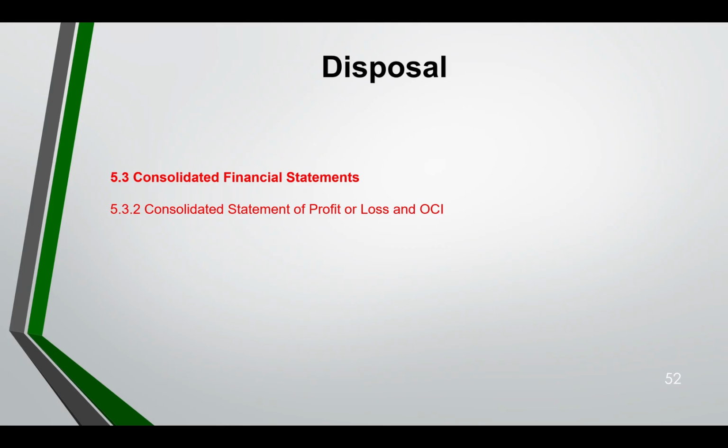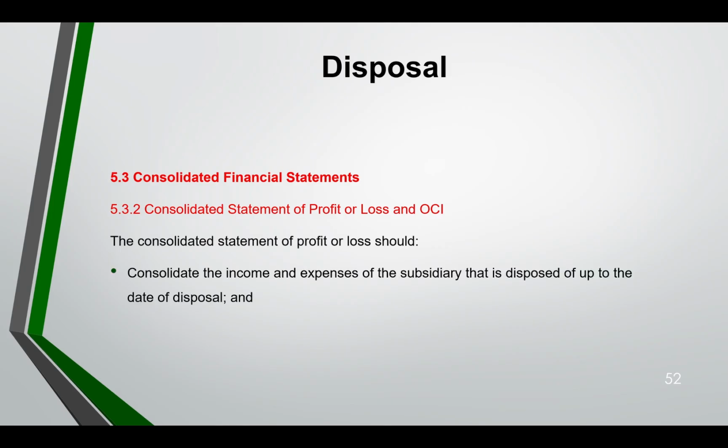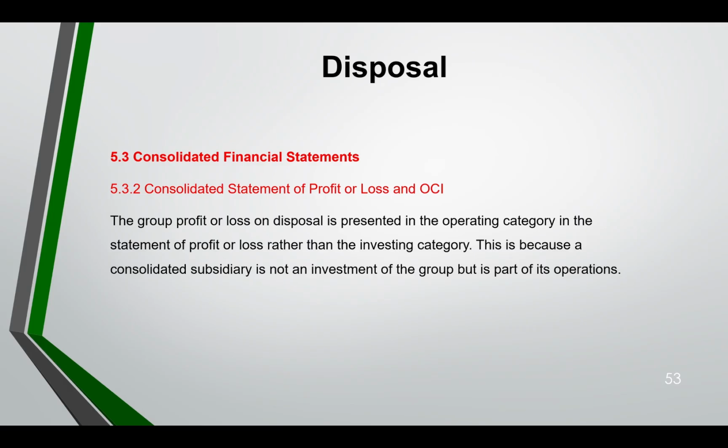Now, consolidated profit and loss. Here you have to calculate the income and expense of that subsidiary till the date of disposal, and recognize a group profit or loss on disposal. The group profit and loss will go in the operating category, not investing.